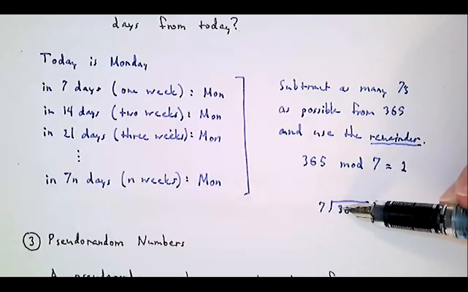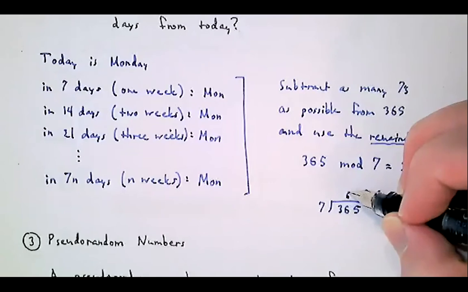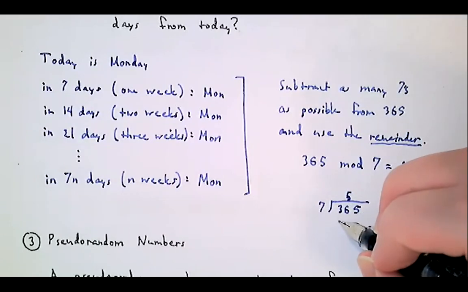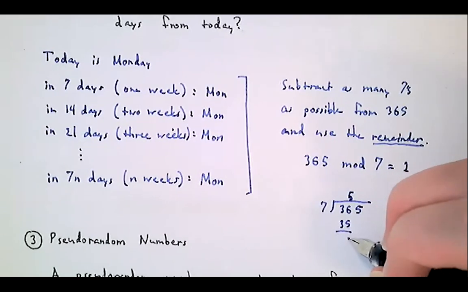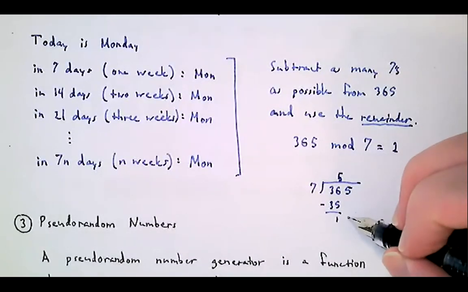So 7 doesn't go into 3. How many times will it go into 36? 5 times, and we get 35. So subtract, bring down the 1, and then the 5.